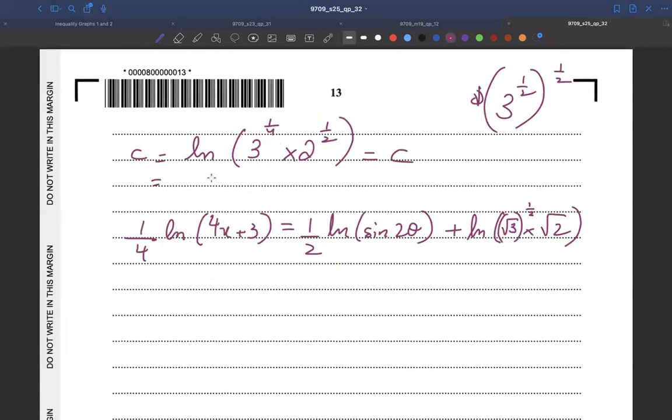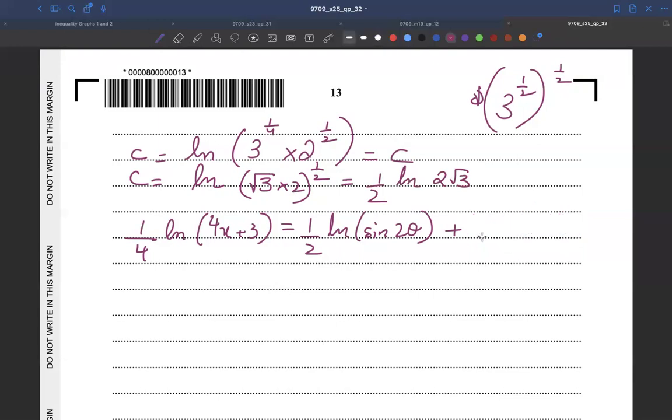So if I write it as ln of 3 root 3 into 2 to the power of half, it basically is the same thing, right? Because this half into half will become 1 upon 4, and 2 to the power half will be the same. And this half can come on the left hand side, and we can write it as 1 upon 2 ln of 2 root 3. So yes, this is a better simplified answer.